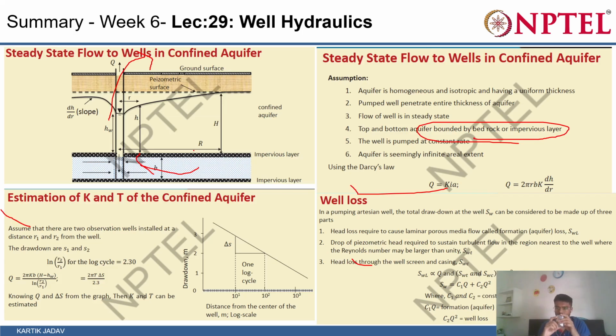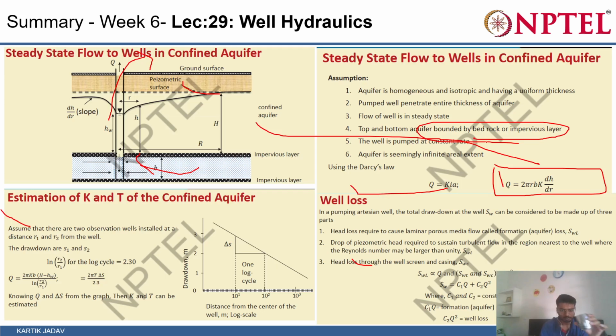Well is pumped at constant rate and aquifer is seemingly infinite. Then we derived equation for this confined aquifer. So it is Q equal to 2πKb dh by dr, and this is used for estimation of T and K value of the confined aquifer.